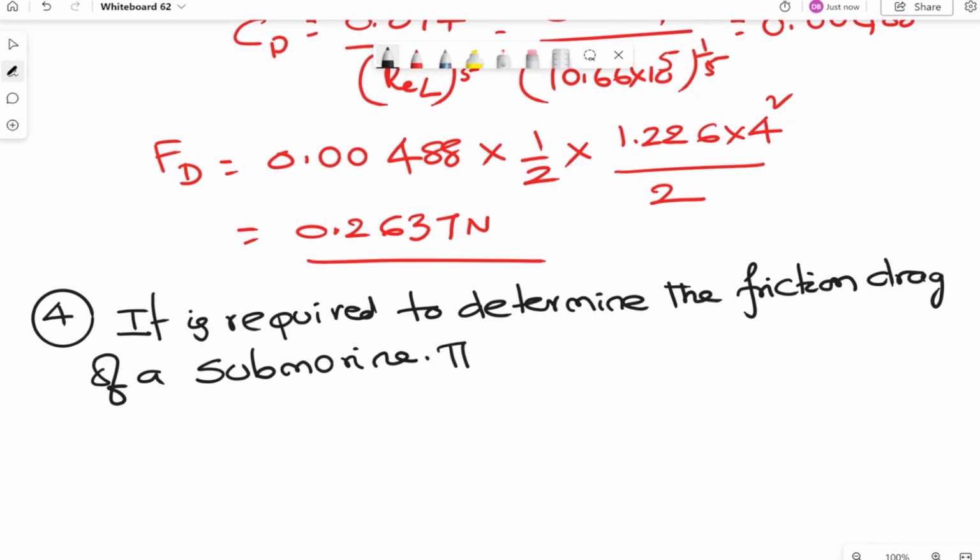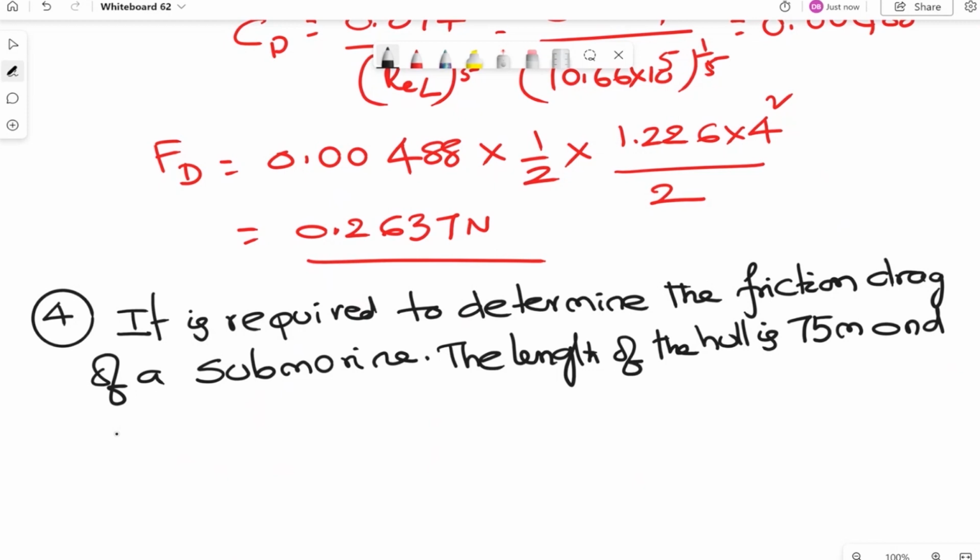The length of the hull, that means the length of the submarine, is 75 meters and its surface area is 3000 meters square.